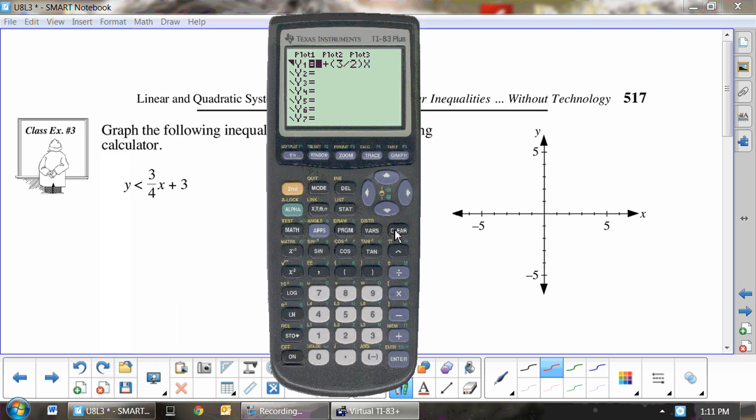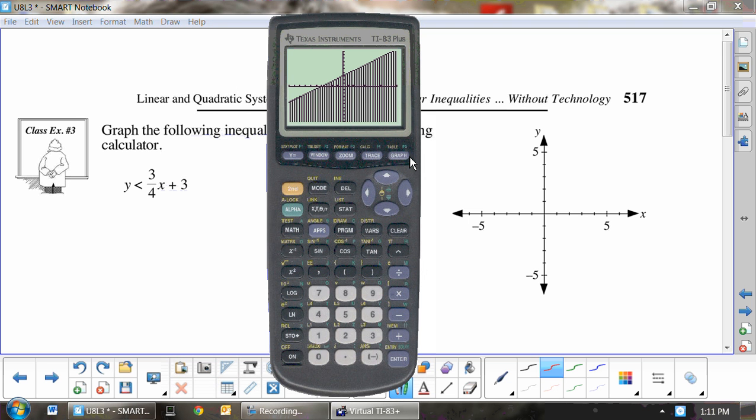So we have 3 over 4 x plus 3. And we know that it's y is less than. So we're going to go all the way over like that. We know it looks like that now.